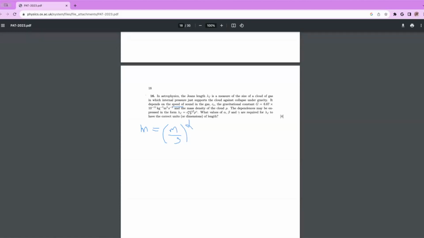G is meters cubed divided by kilograms times seconds squared, and that's all to the beta. And then you have rho, which is the mass density. That's going to be kilograms per meter cubed to the power of gamma.